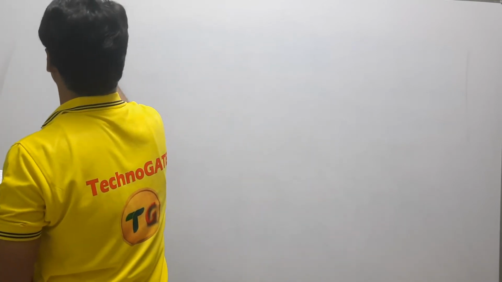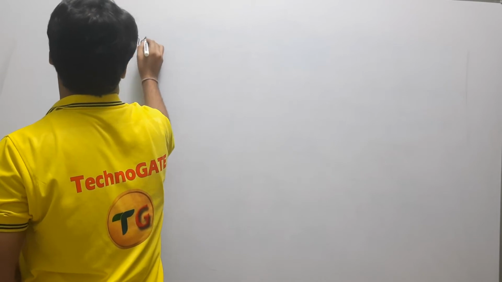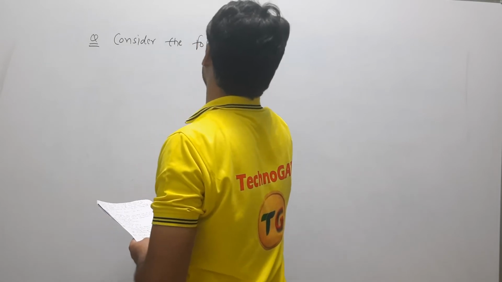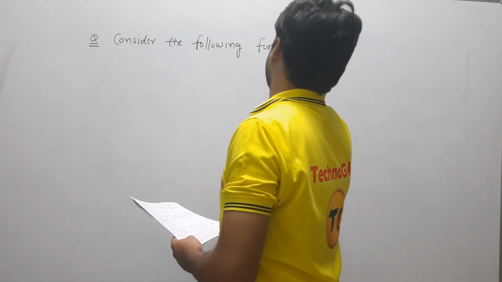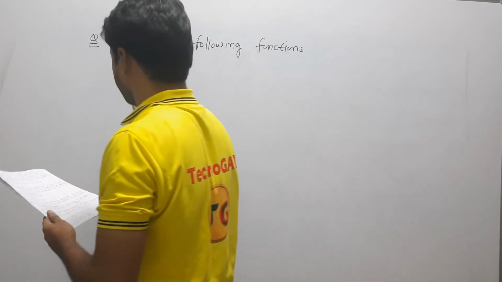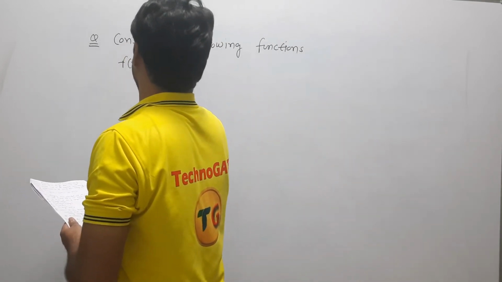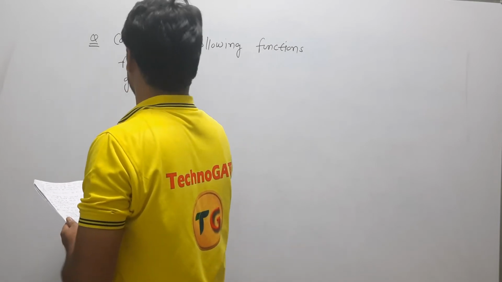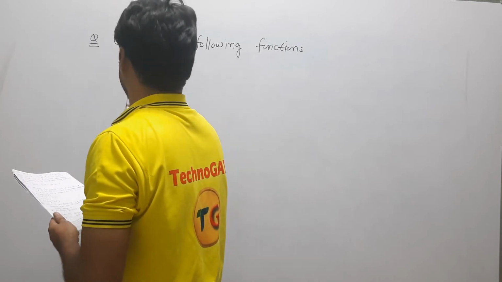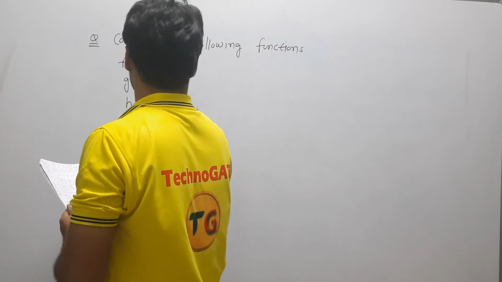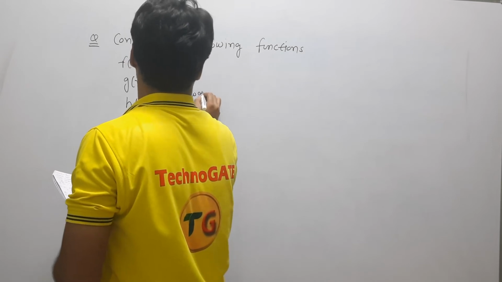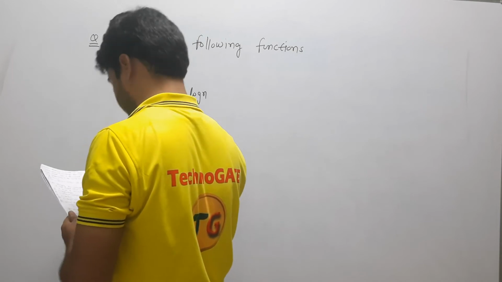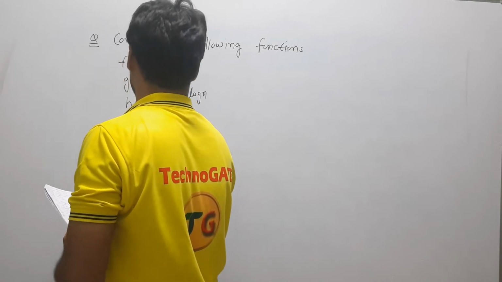Consider the following functions. So f(n) is n factorial. g(n) is e raised to power n. h(n) is root 2 log n. k(n) is 2 raised to power n, and l(n) is n cube.